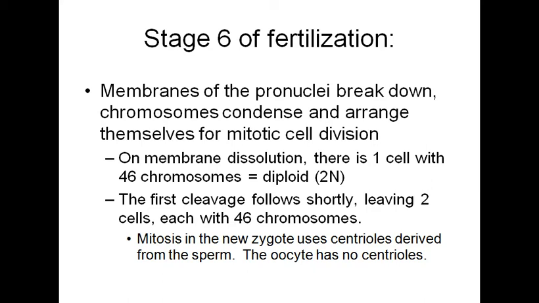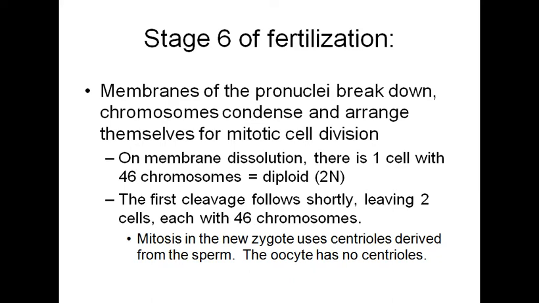So on membrane dissolution there is one cell with 46 chromosomes. Number of chromosomes will be diploid, that is 2n, right? The first cleavage will be followed shortly, leaving two cells each with 46 chromosomes, because what happens in mitosis, हमें end result 2 diploid daughter cells मिलती हैं, right?